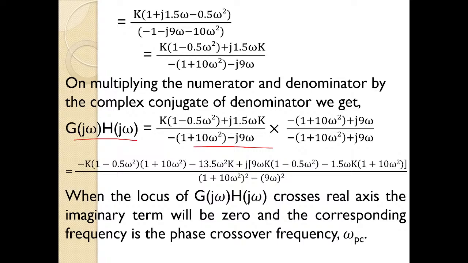So if you multiply and divide, you will get the next equation, that is minus k into 1 minus 0.5 omega square into 1 plus 10 omega square minus 13.5 omega square k plus j into 9 omega k into 1 minus 0.5 omega square minus 1.5 omega k into 1 plus 10 omega square, whole divided by 1 plus 10 omega square whole square minus 9 omega whole square.